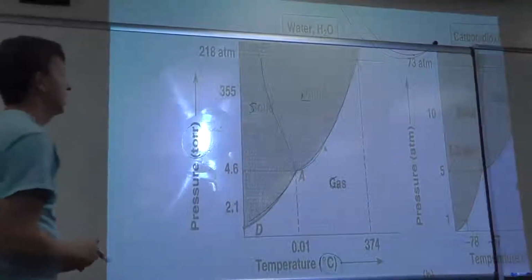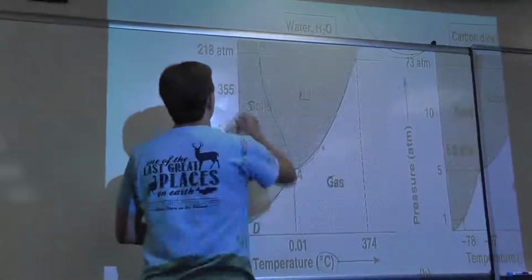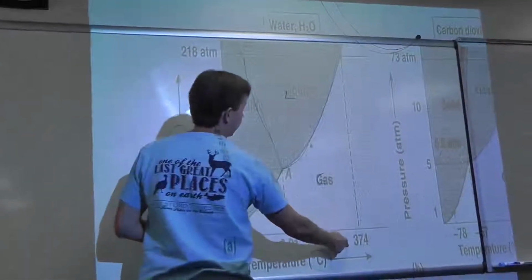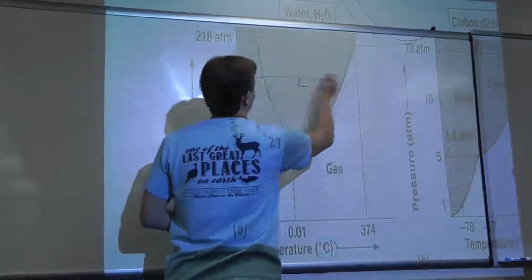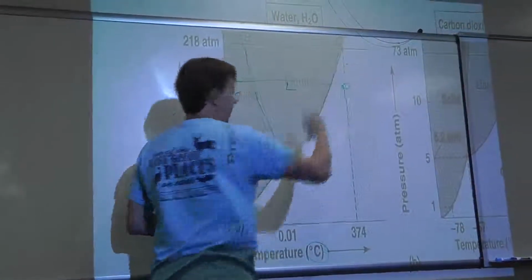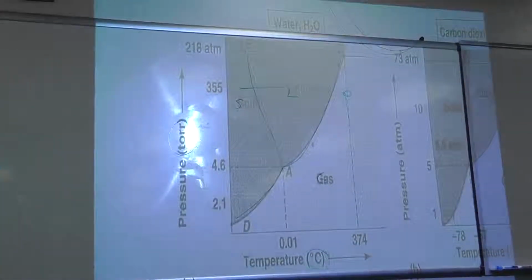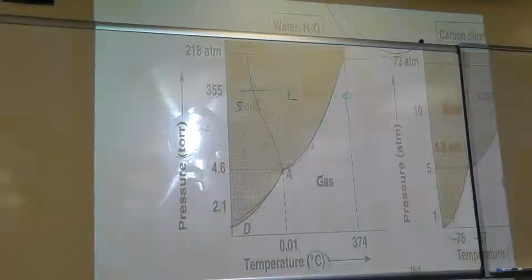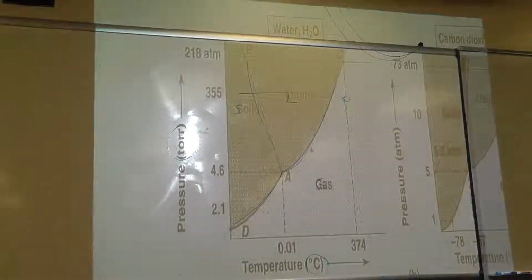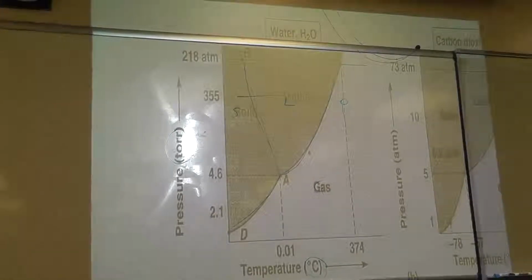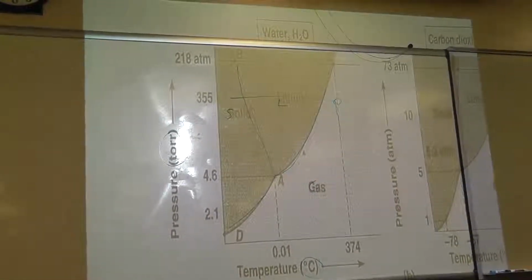So if you wanted to know at 355 torr and 374 Celsius what form would exist, apparently that would be gas phase, correct? At that pair of conditions, it tells you what form you've got. Fundamentally, that's the main thing about this: you don't have to do all these experiments, you can look at reference data.